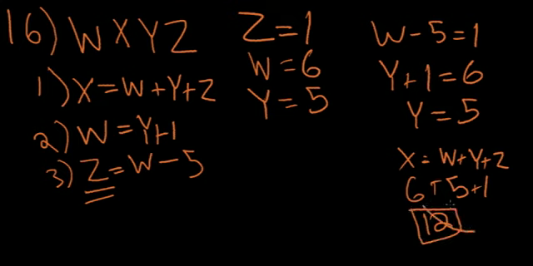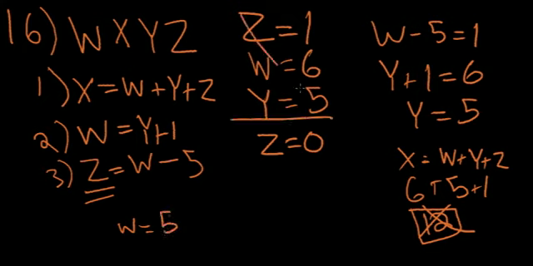So the only other smaller value we can pick for z is 0. Let's say z equals 0. So w minus 5 equals 0, and w equals 5.